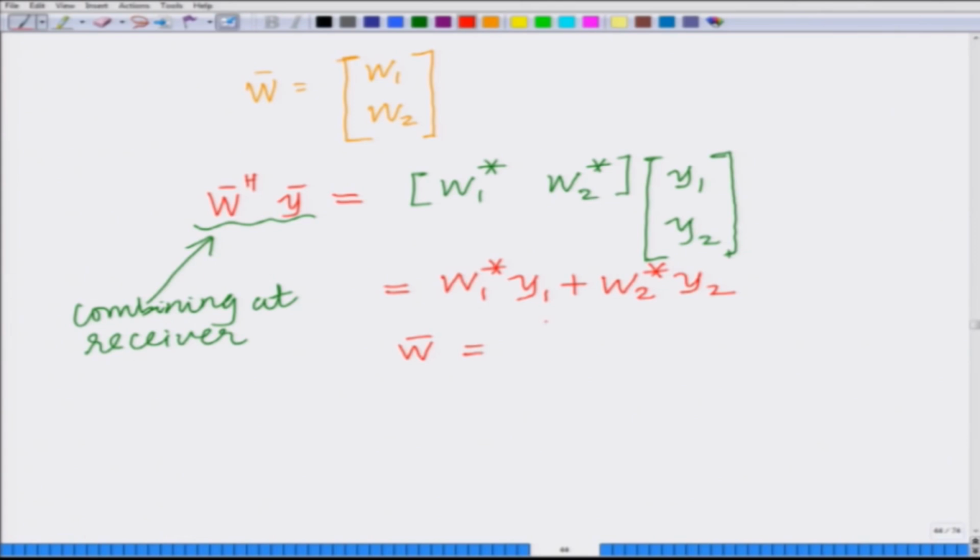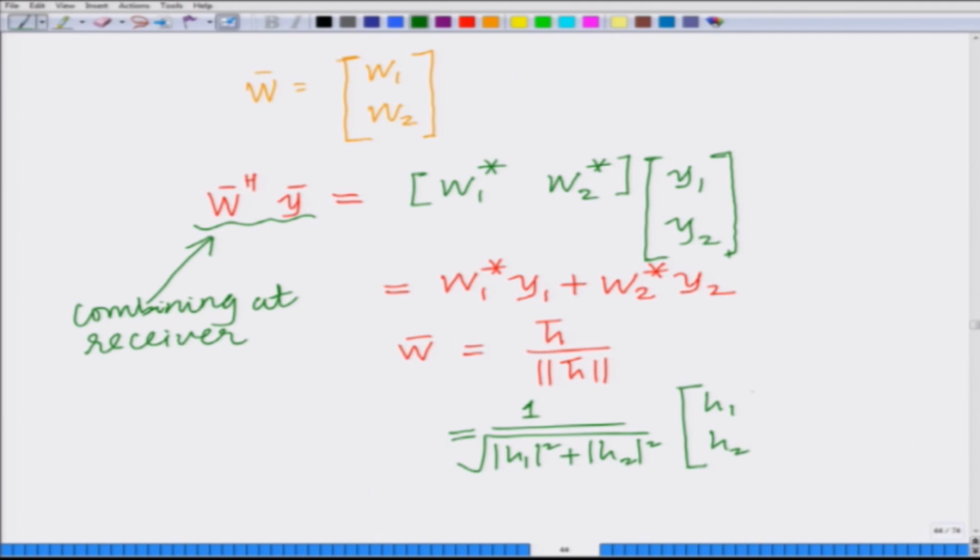And the optimal combining weight vector w bar is still given as h bar divided by norm of h bar, which is equal to 1 over square root of magnitude h1 square plus magnitude h2 square times h1, h2.